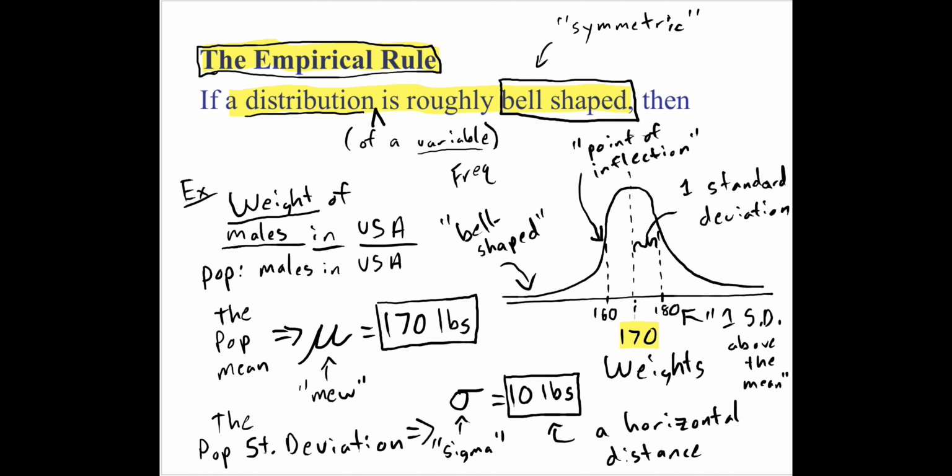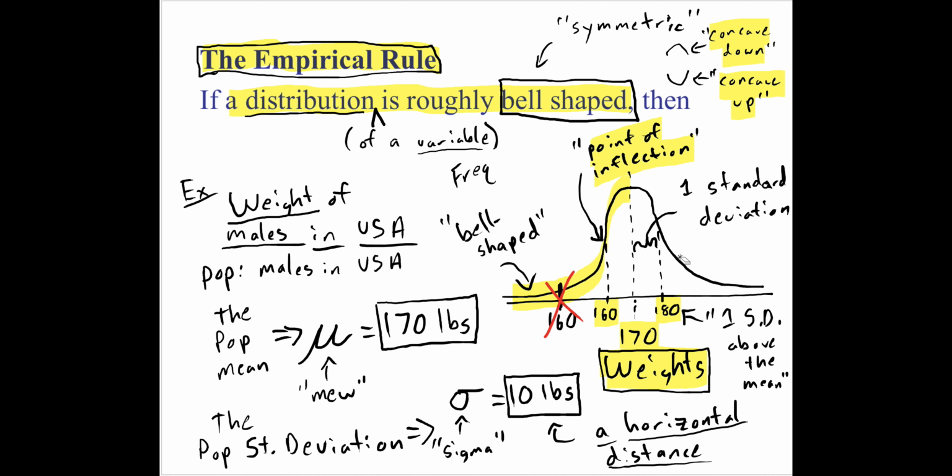I don't want to draw 160 being way down here or something like that. And then we would continue that pattern if we wanted to label more standard deviations above and below the mean.